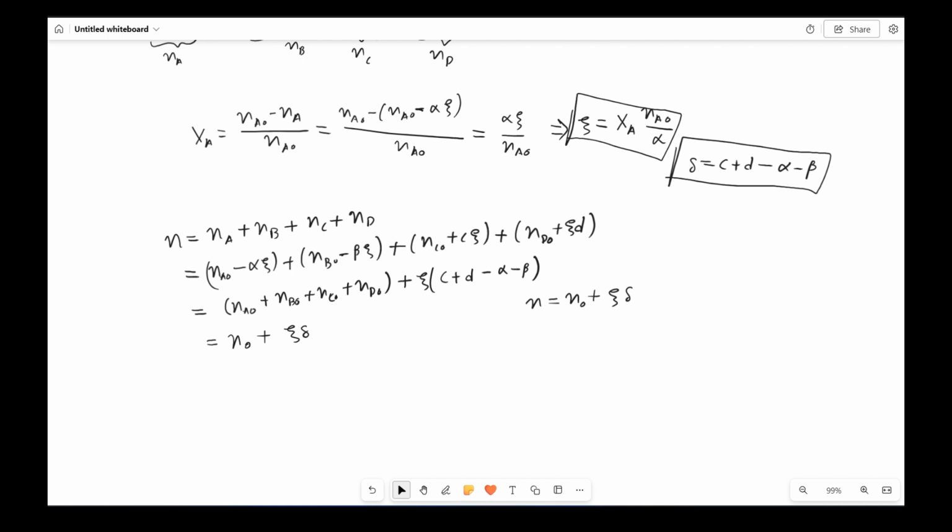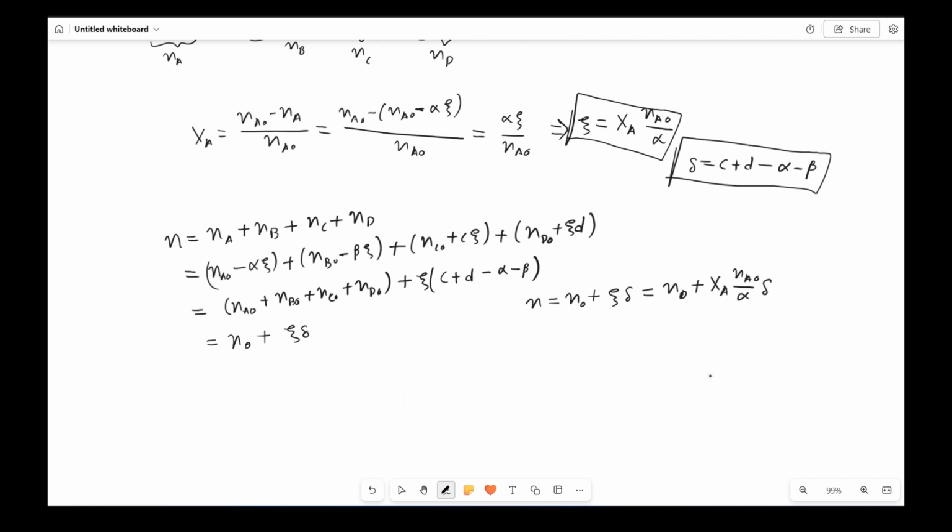Now also another thing, suppose we want to write this quantity in terms of extent of reaction. Sorry, the extent of reaction zeta in terms of conversion: n naught plus xa na naught divided by alpha into delta.